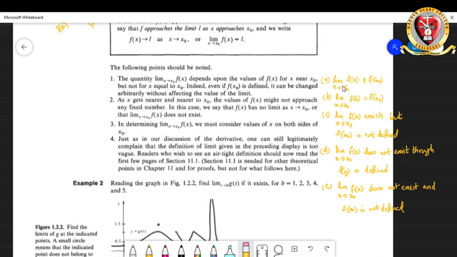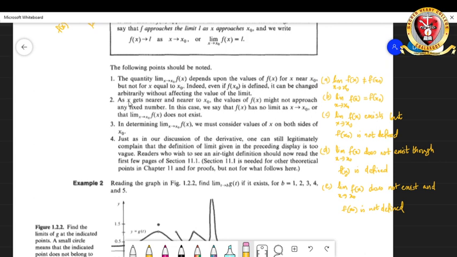That means limit not equal to f of x naught can happen, or limit equal to f of x naught can happen. Indeed, even if f of x naught is defined, it can be changed arbitrarily without affecting the value of the limit. So we can even reconstruct that function without the limit getting affected. That is a very powerful property of limit.